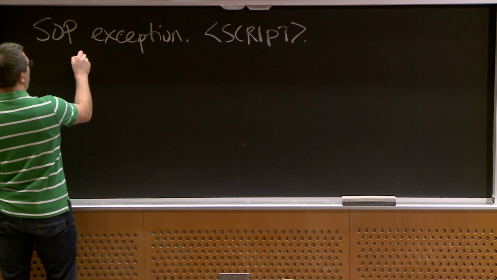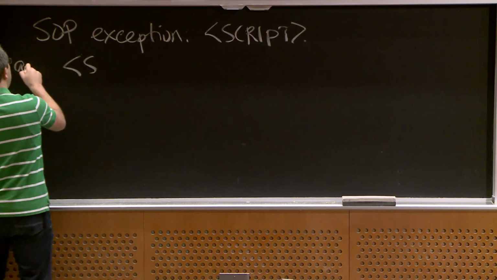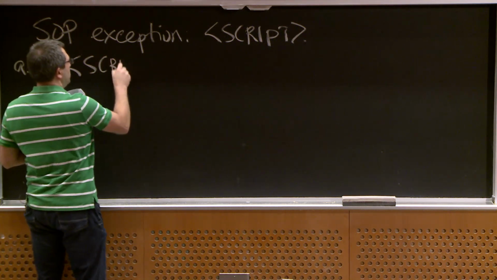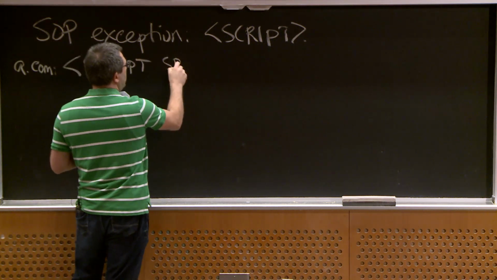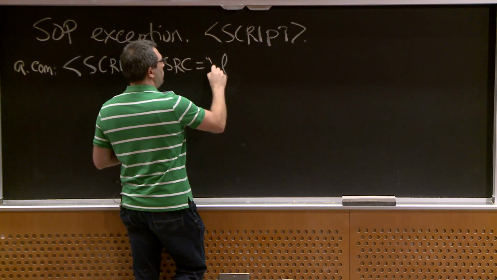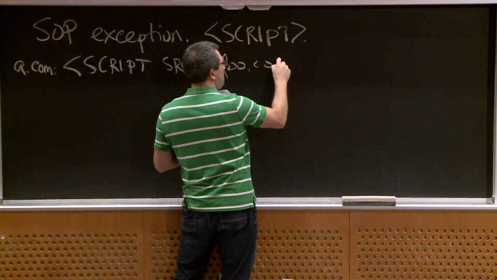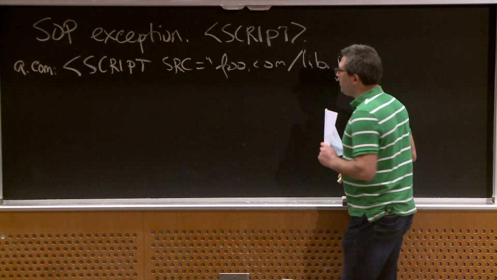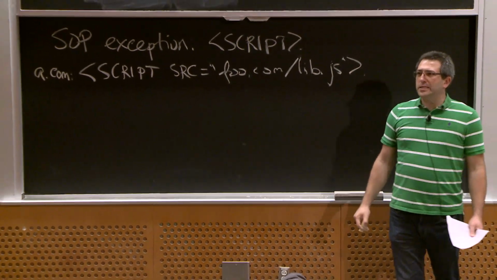So the question is, what happens if a.com, like we had before, has a script tag that says script source equals, I don't know, foo.com/library.js? So what happens?